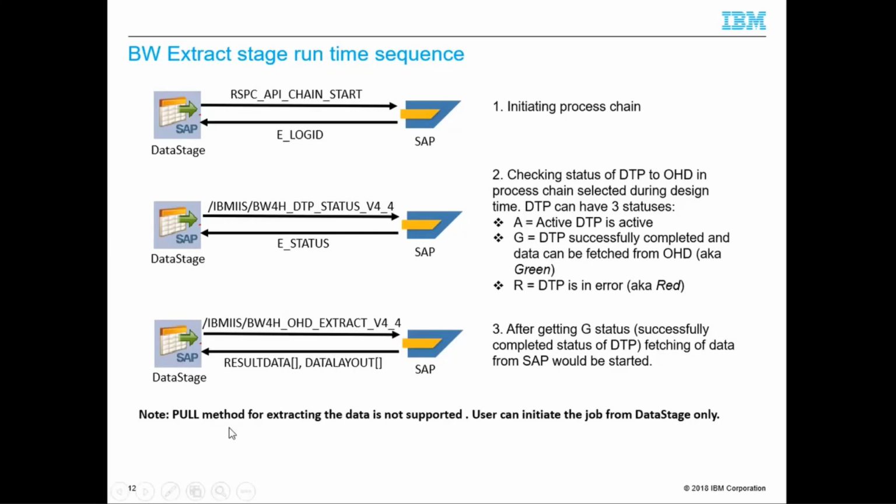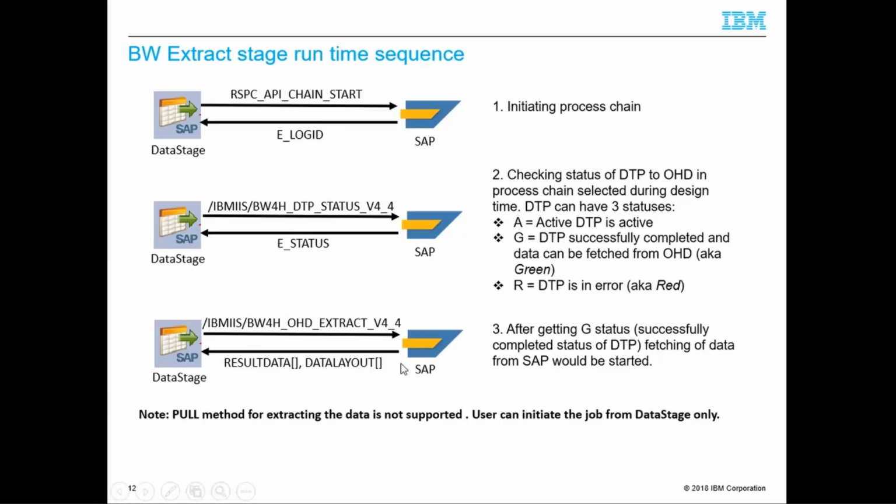Point is that in classical BW, you can trigger your DataStage job from SAP BW, in the sense that you can invoke the process chain in the SAP BW server, and it used to invoke the DataStage job by itself.